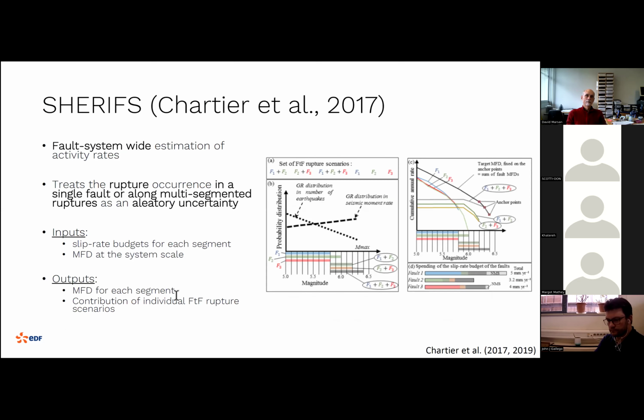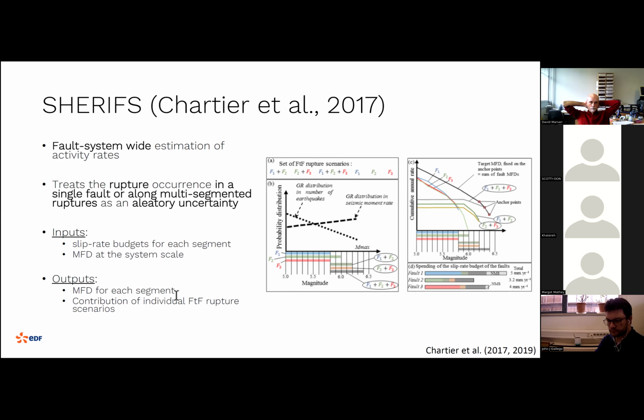I would like also to mention rapidly the approach of Thomas Chartier and Una for the characterization of seismicity parameters for faults. I think today, if we want to add faults in a PSHA model, it's a very interesting approach they propose, considering fault segments at the system scale.